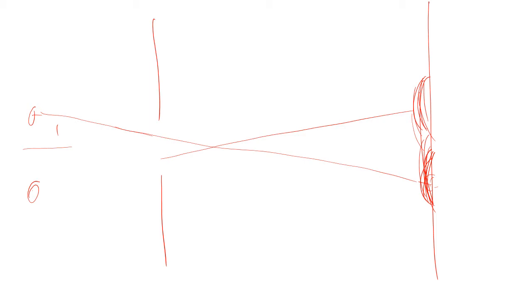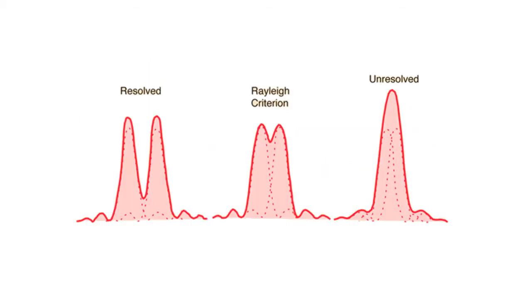One possible solution to this was proposed by Lord Rayleigh. If the two bright spots are sufficiently separated, then you can easily tell. But if they're too close together, it all merges. When you add all the light together, it makes one large spot.